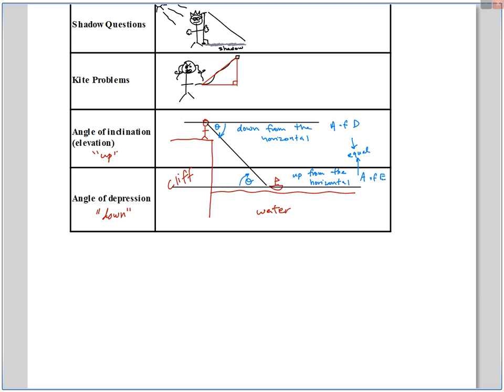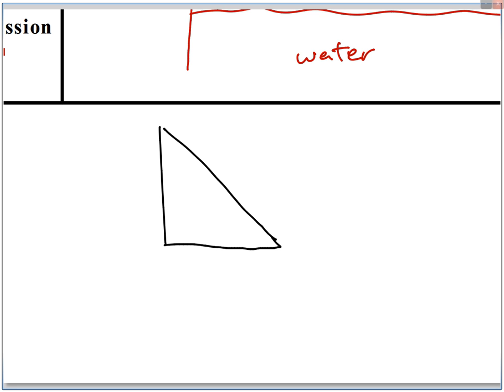All right. Draw a right angle triangle. Tell me folks, where's the angle of elevation? Right here. Why is that the angle of elevation? Because it's going on the ground and then you're looking up. So how would you draw this? From the ground going up.